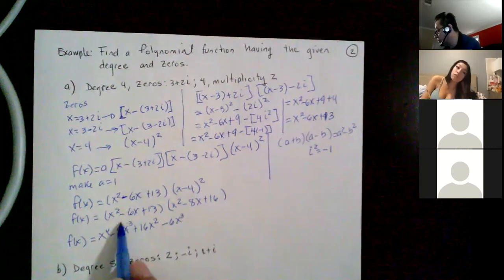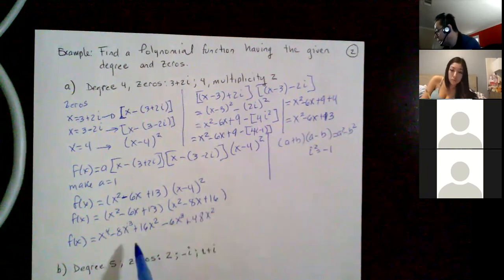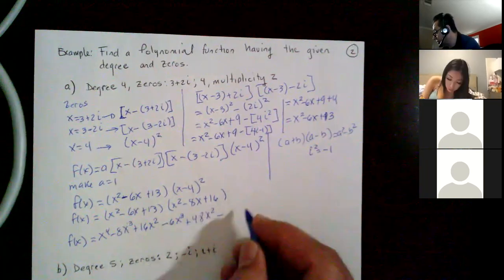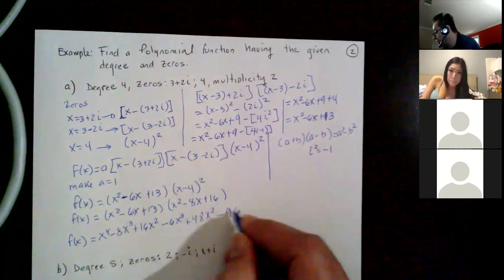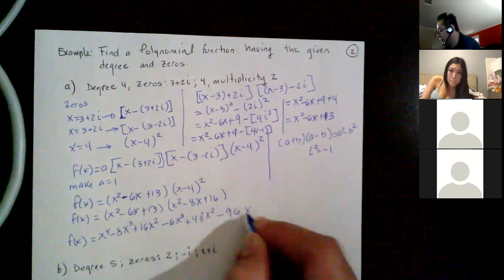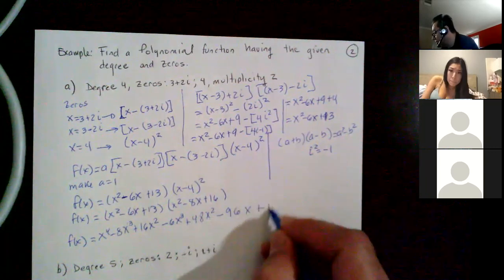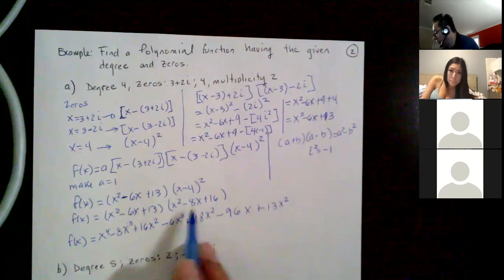Negative times a negative becomes positive. What is 6 times 8? 48x squared. And what is 6 times 16? 6 times 6 is 36, we carry, that would be negative 96x. And then plus 13x squared. What is 13 times 8?